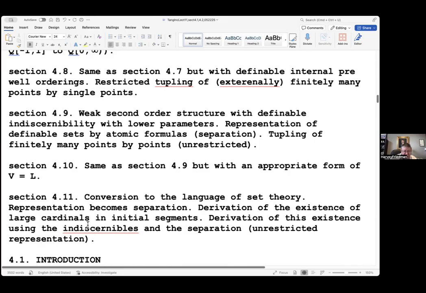Derivation of the existence of large cardinals in initial segments. That's done using the indiscernibles and the separation.